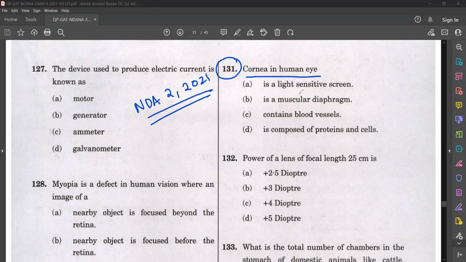Cornea in the human eye is a light sensitive screen, is a muscular diaphragm, contains blood vessels, or is composed of proteins and cells. You have to choose the correct answer.